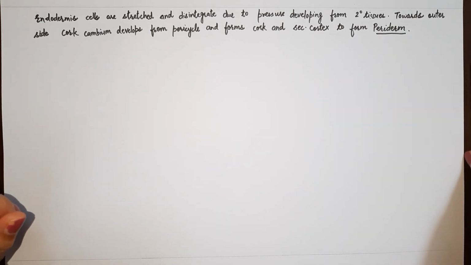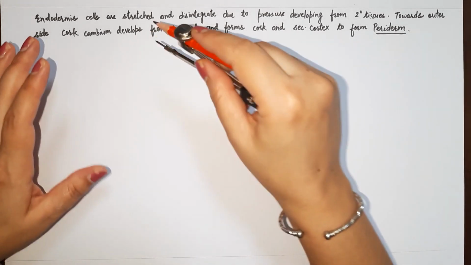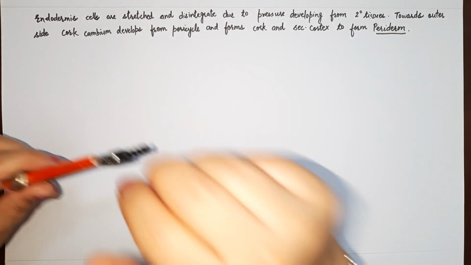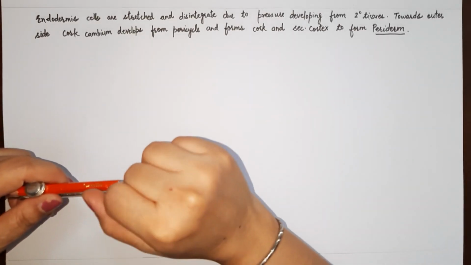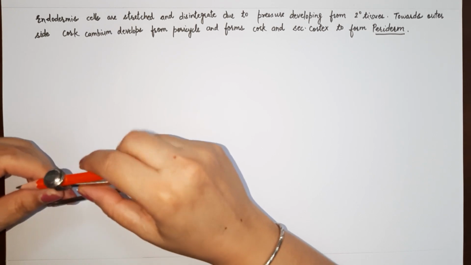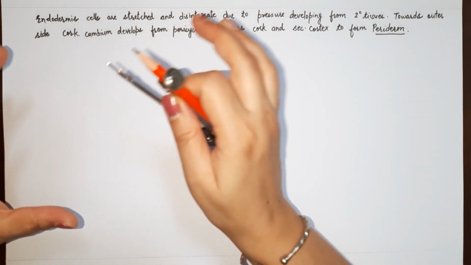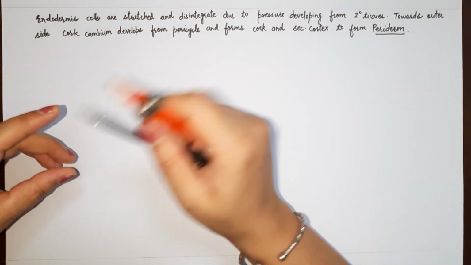So, now we are going to draw diagrams. We will draw only two diagrams in this case. One is related to the primary structure and the second one is for the secondary growth, a fully developed root showing secondary growth.